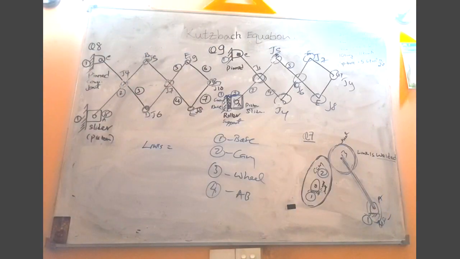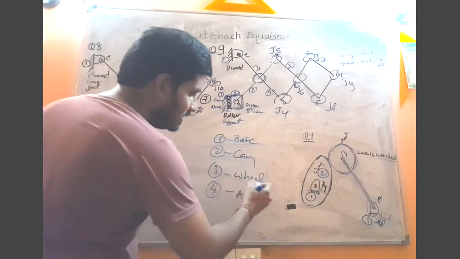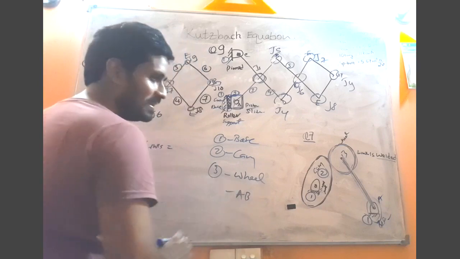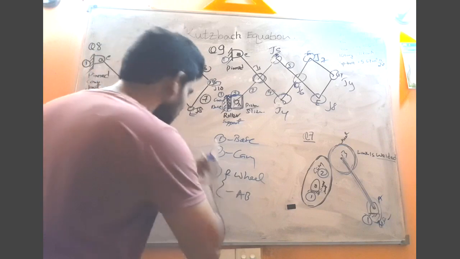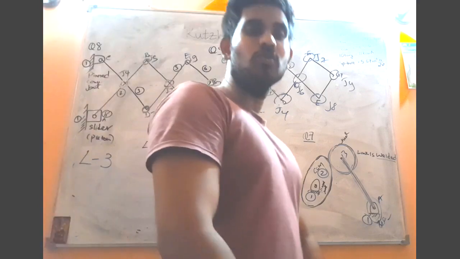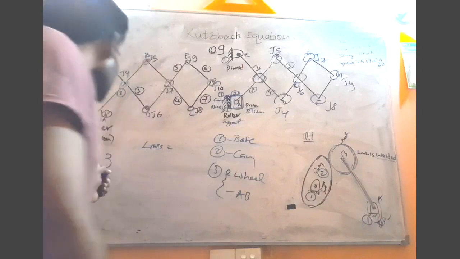On behalf of both these members, the wheel and the link AB, we have to give only one label, that is label number 3, right? So how many members do we have? That means we have only 3 links. Now I hope you got the point. So we have only 3 links.